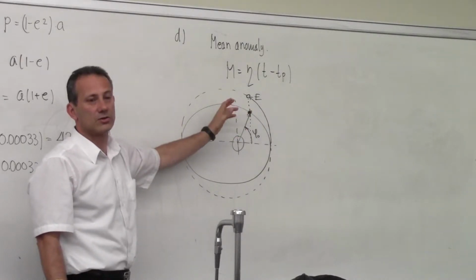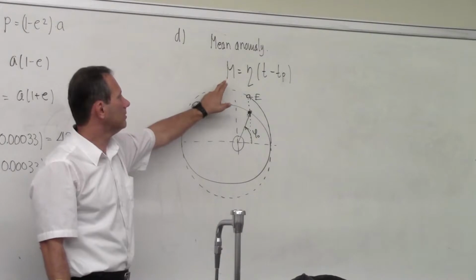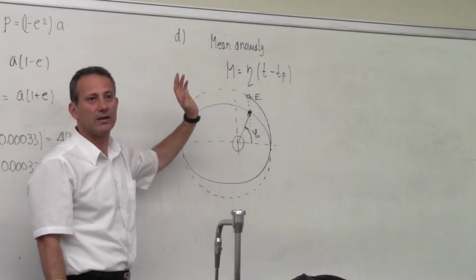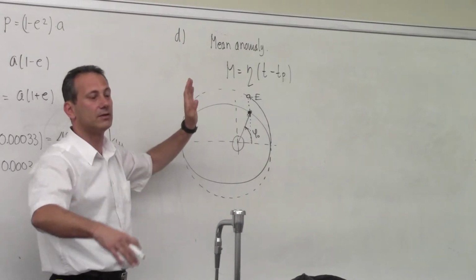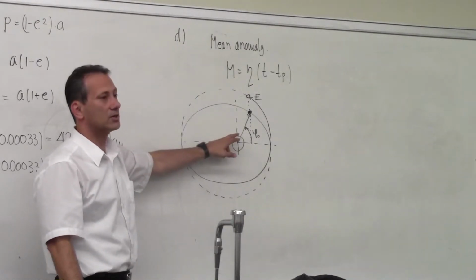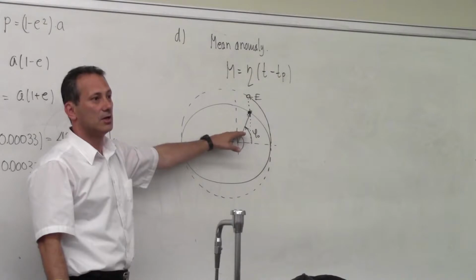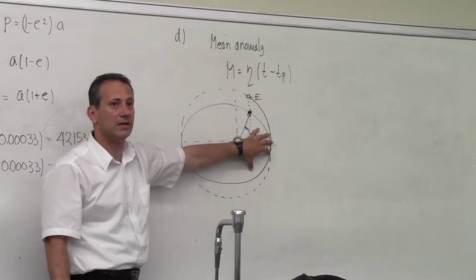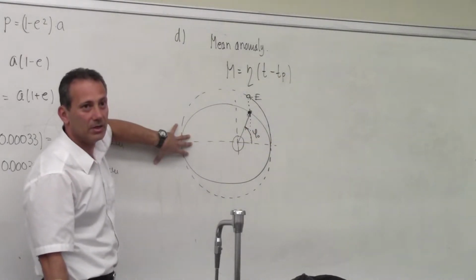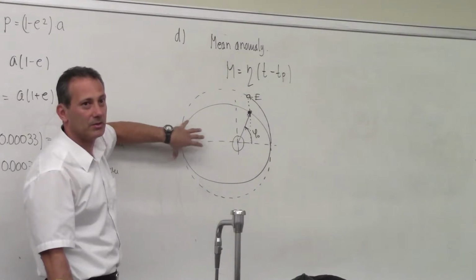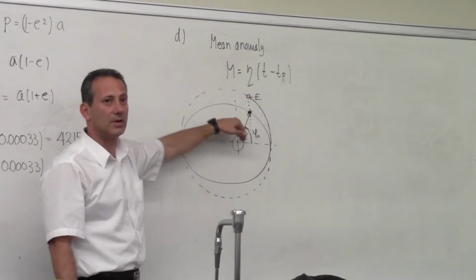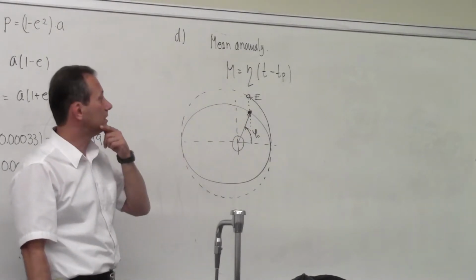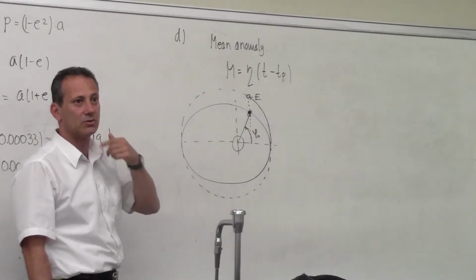But for any non-circular orbit, M is just an average angle traveled around the circle. It's not the actual one. So sometimes in this area here you're going to be ahead, and in this area here you're going to be behind, because here the satellite moves faster than M, and here it moves slower than M. So it is not a real angle. It just helps us do the calculations.